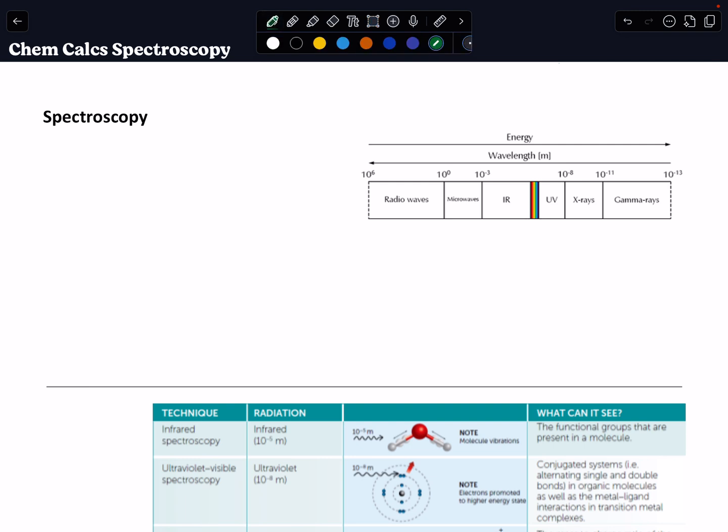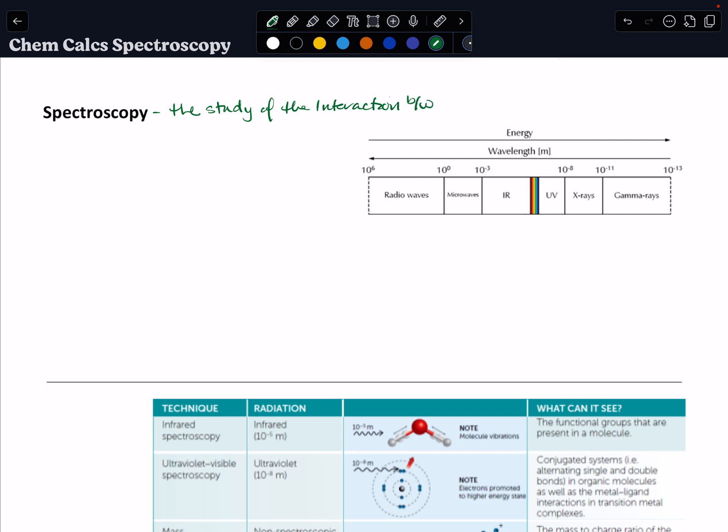All right, so what is spectroscopy? Spectroscopy is the study of the interaction between electromagnetic radiation, which is also known as light, and matter.